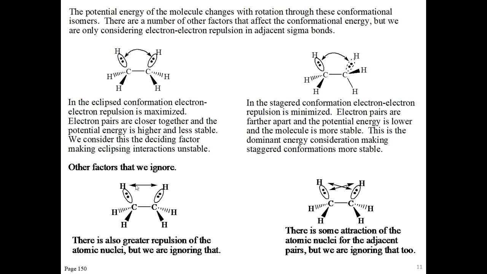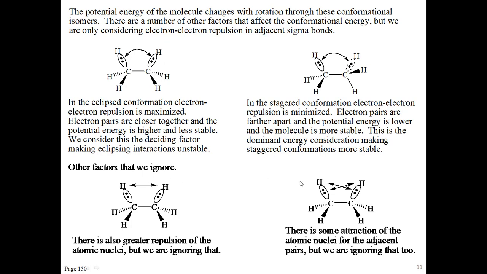If we looked at these other factors that we're ignoring, if I have the eclipse conformation, I also have repulsion of the nuclei. So I have a hydrogen here repelling a hydrogen here that are closer together, and so that would be higher energy, just like we saw up here with the electrons.